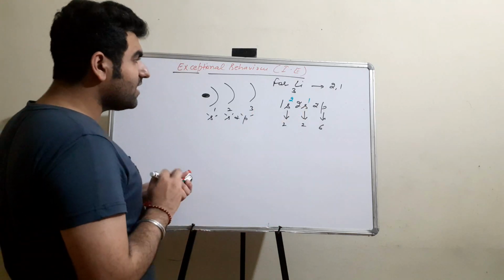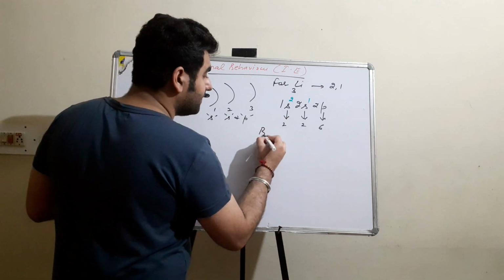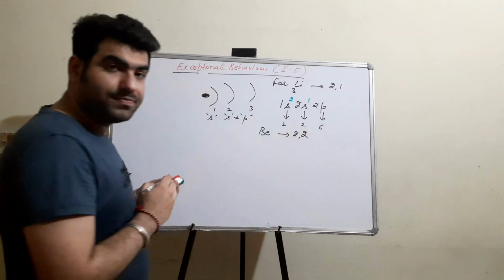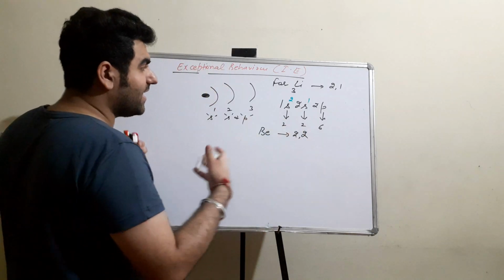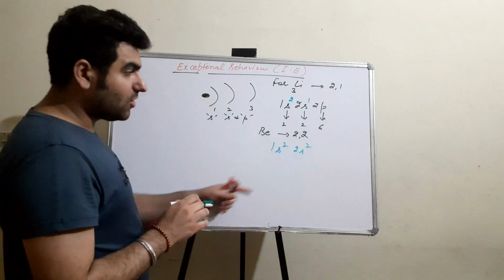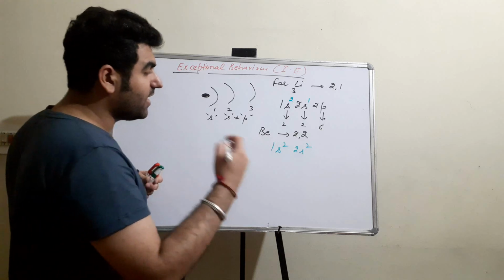Now let us talk about beryllium. Beryllium is 2, 2, written as 1s2, 2s2. 2 and 2 make 4. This is how it is going to be.